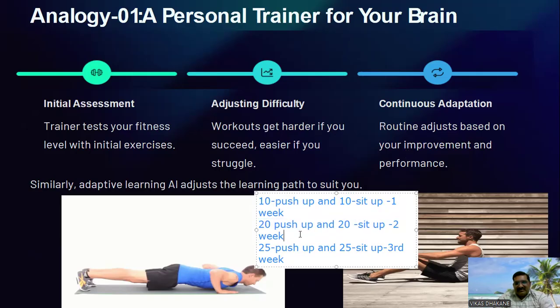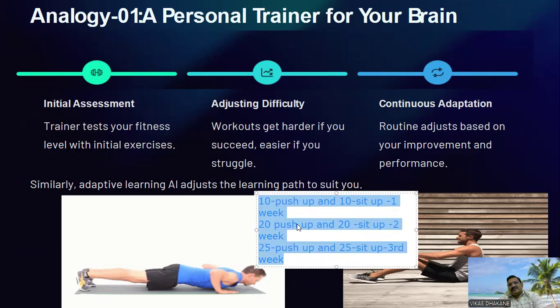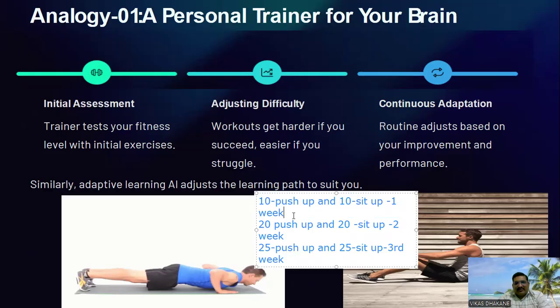Okay, now this is the scenario where the gym instructor sees that you are okay with whatever exercise is being given to you. Now think, in the first week, 10 push-ups and 10 sit-ups are being given to you.